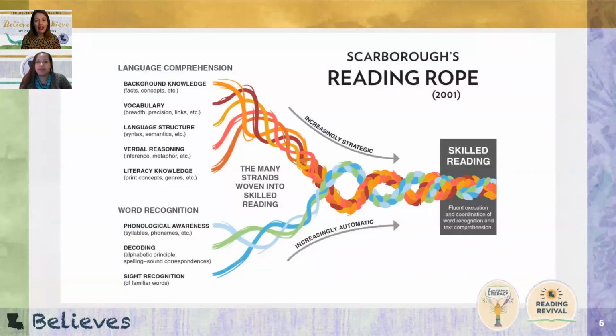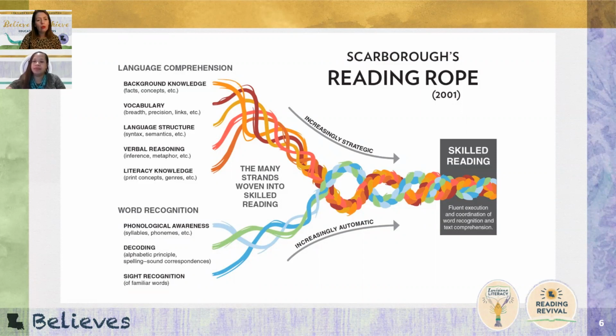Now, as we mentioned, writing is directly tied to reading. So I thought it was important for us to go back to this reading rope and look at how, at the earliest levels, these strands are very separated, right? If we're thinking about our entering kindergarten students, are they at a place where they're able to encode or decode with automaticity? No, not at all.